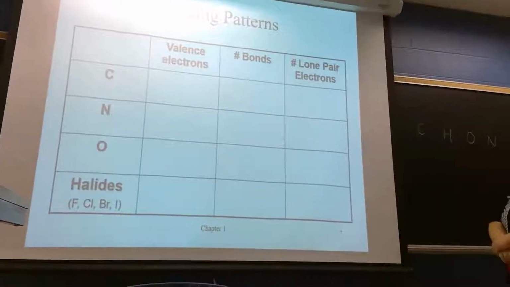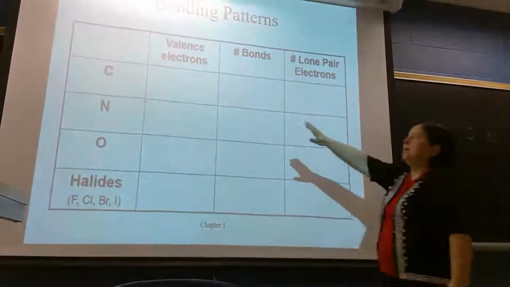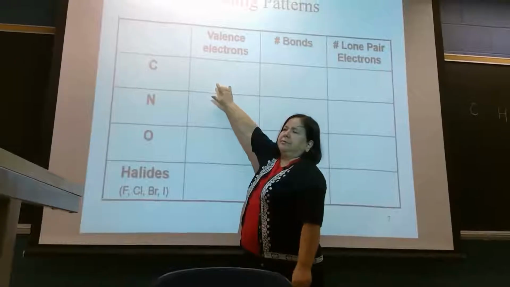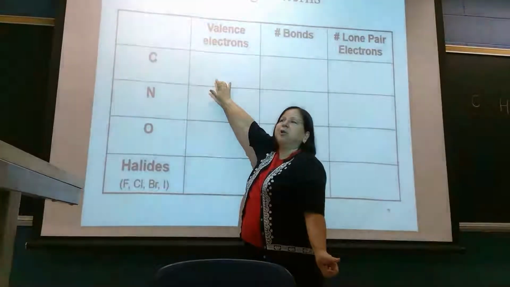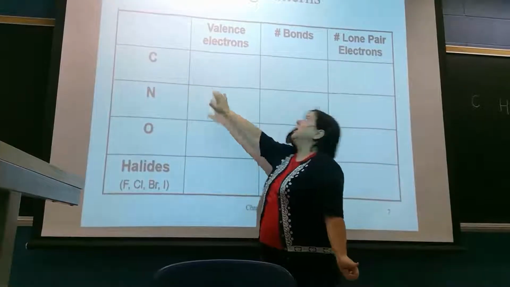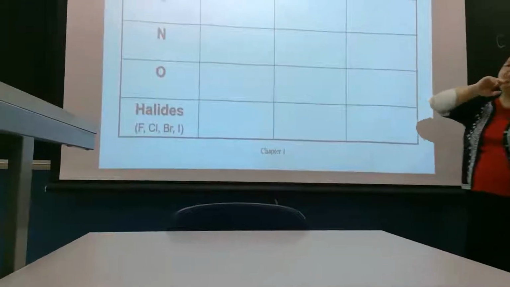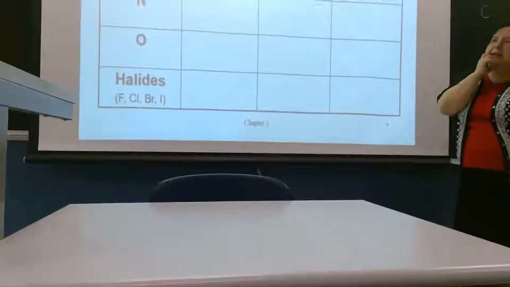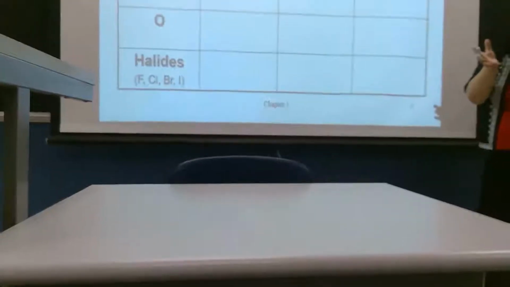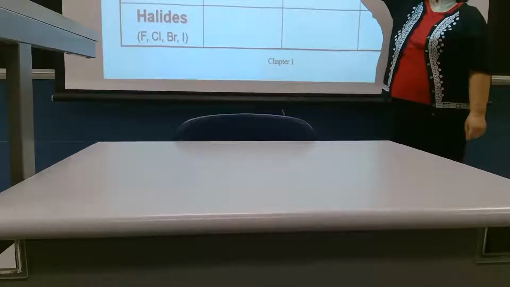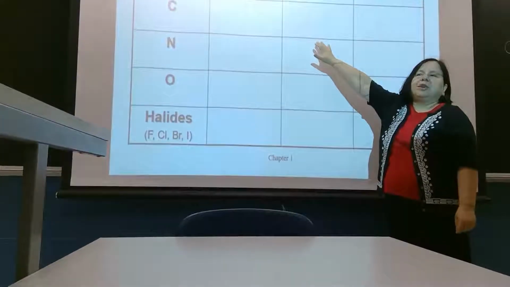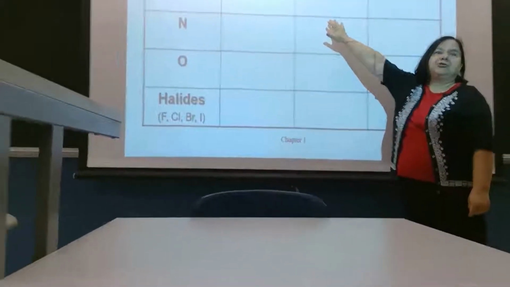So carbon, what number should you put here? 4. Why? Group number 4. So what's the number of bonds in a neutral atom? 4, because 4 are needed to have 8.